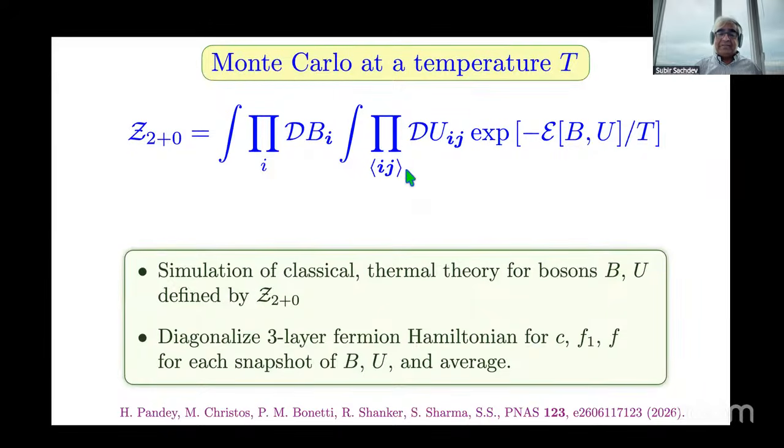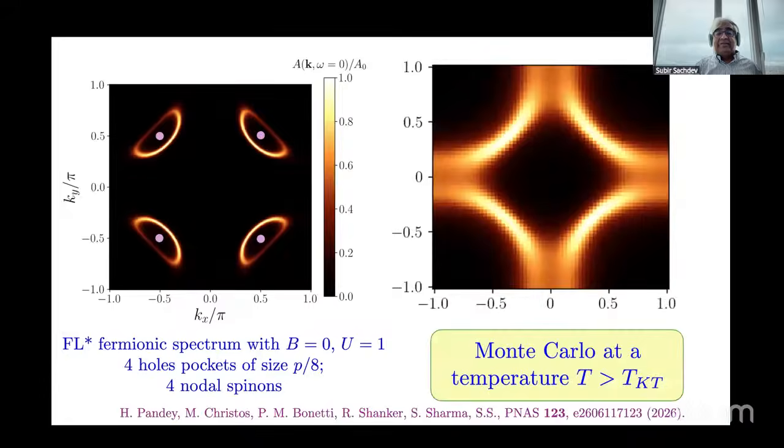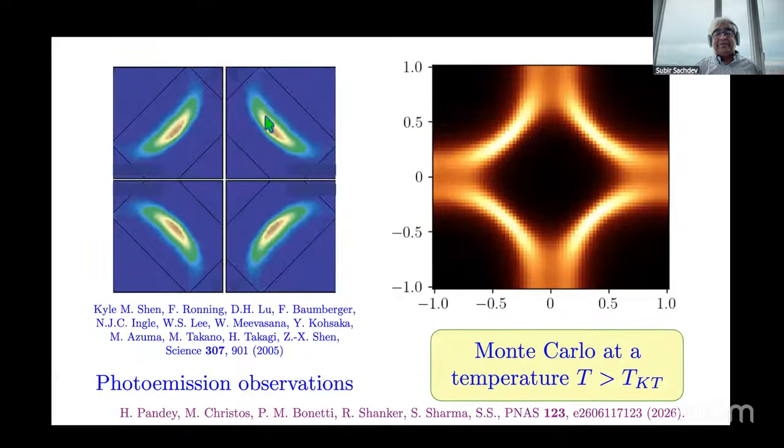We simulate the classical gauge theory, and then for each snapshot of the gauge theory, we diagonalize this ancilla fermion Hamiltonian. So if we start out with the spinons and the hole pockets in the mean field theory, and you put in the coupling from the Higgs field between the spinons and the electrons, that gives you exactly the arcs, which we think are quite similar to what's seen in this Monte Carlo simulation.